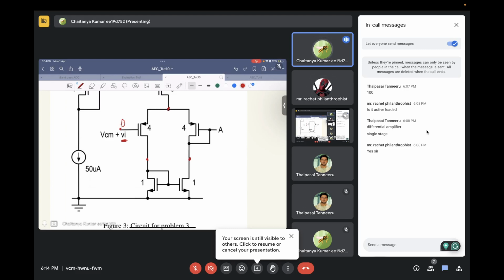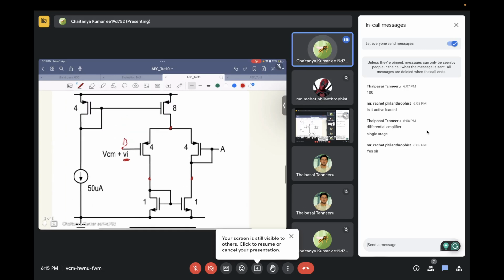Why will it happen? Due to negative feedback. Okay, so the negative feedback mechanism will make sure that this node is also fixed at VCM. Do you understand?